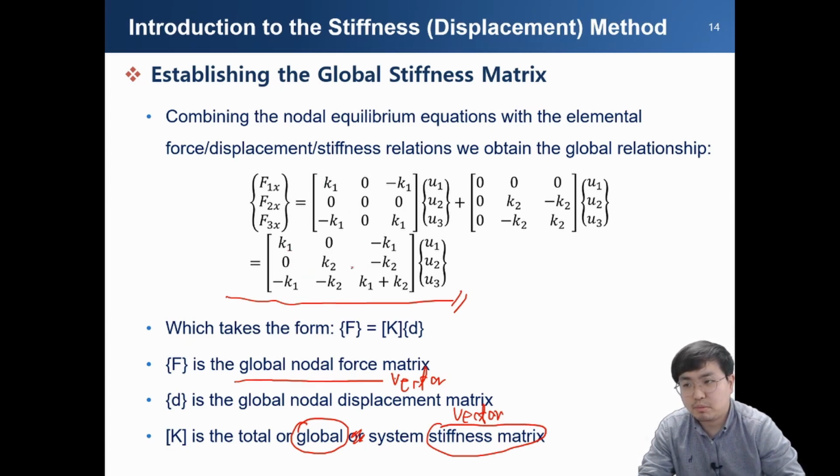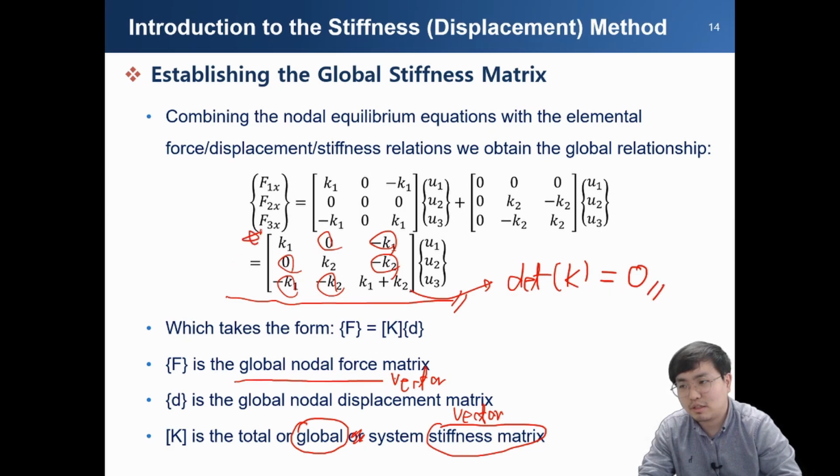Let's check more details about the global stiffness matrix. This global stiffness matrix is also symmetric. And although I don't want to calculate the determinant of K, I can easily expect that this value must be equal to 0. Please try it.